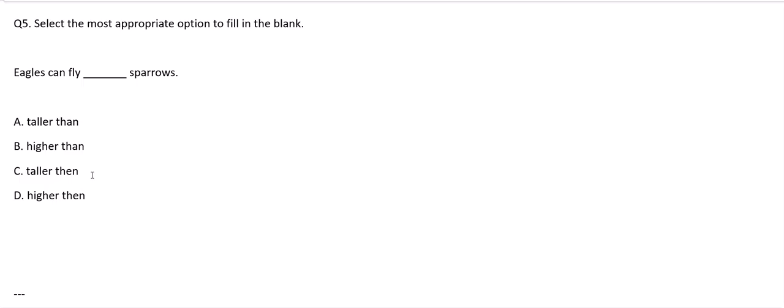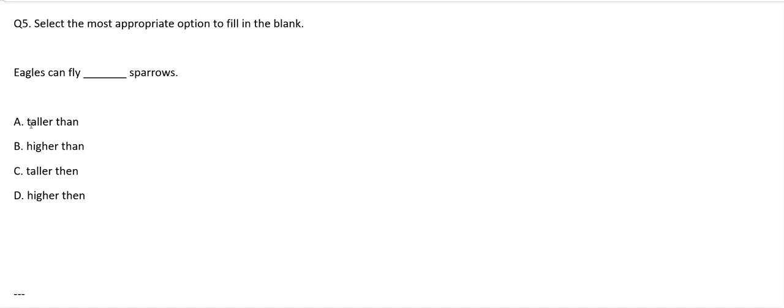Then implies a consequence. In sentences, we use then when it is followed by a consequence. But whenever there is a comparison between two elements, here eagles and sparrows, we have to use than in between. Hence, we have two options that have than.